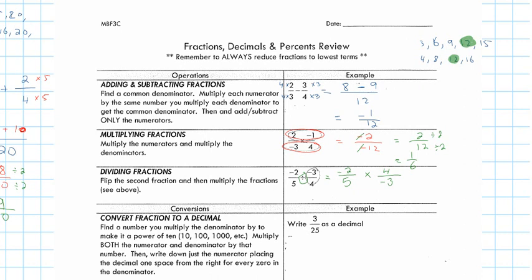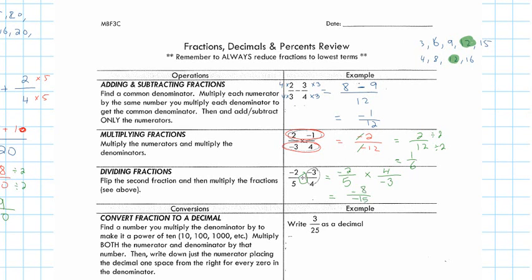So let's start. -2 times 4 is -8 over 5 times -3 is -15. Sorry, that's a -8 over -15. But they are negative, both.